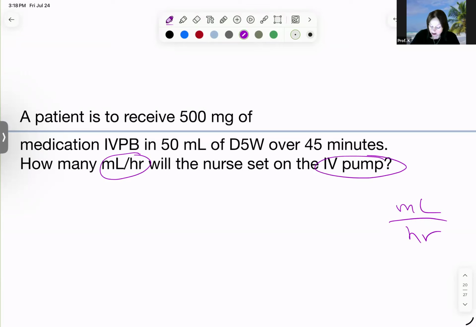It's just not saying it. If you're solving for milliliters an hour or drops per minute, you have to know its rate. So you don't need the strength of the medicine. I didn't ask you about the strength. I see you shaking your head, Stacy. I'm just asking how fast you're going to run that 50 milliliters over 45 minutes, and how many milliliters an hour that's going to be.